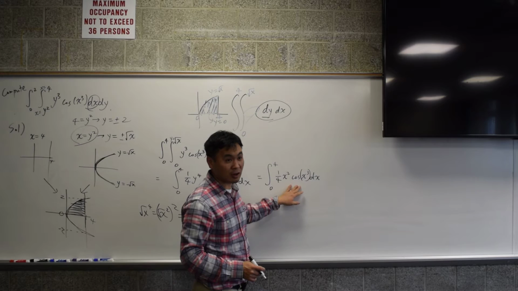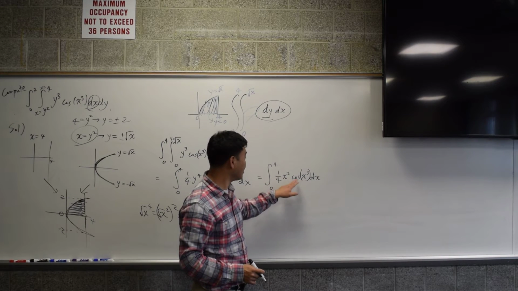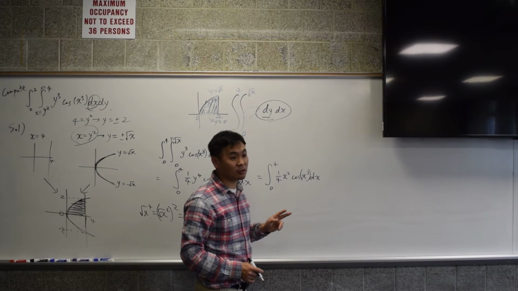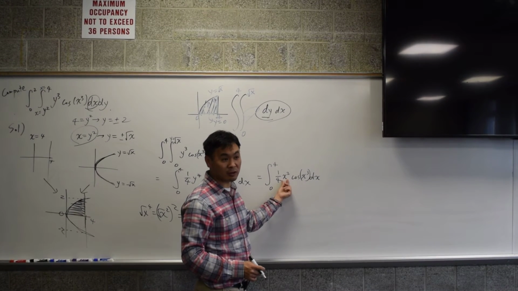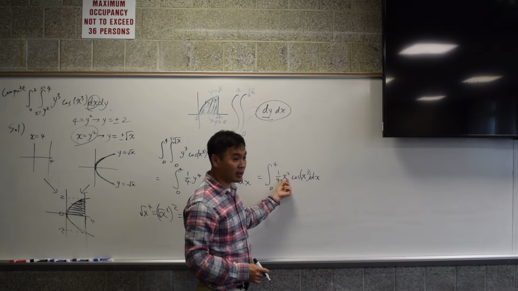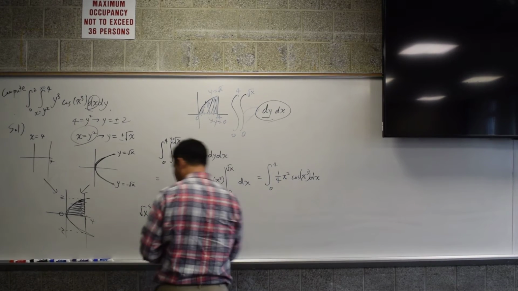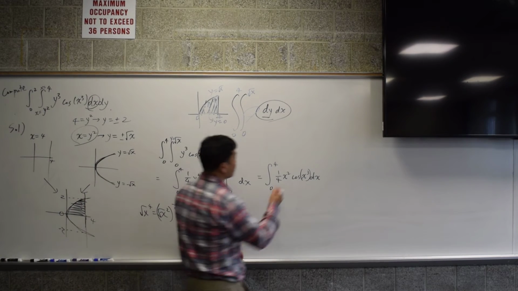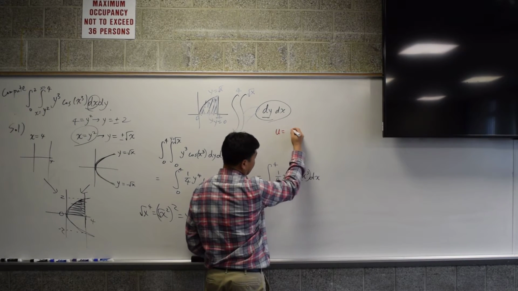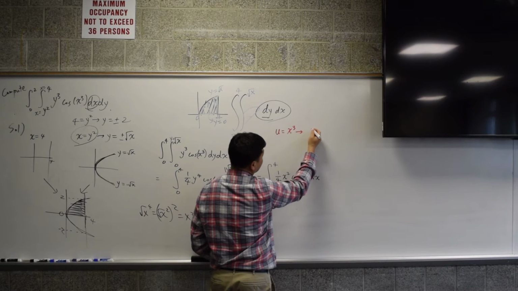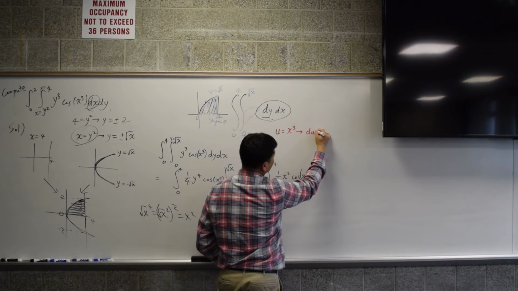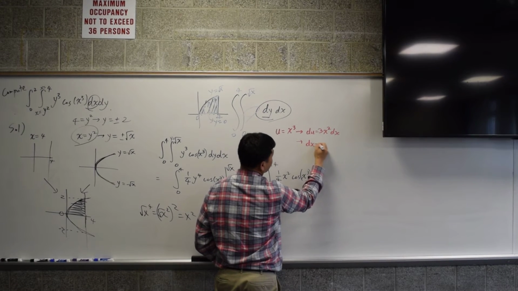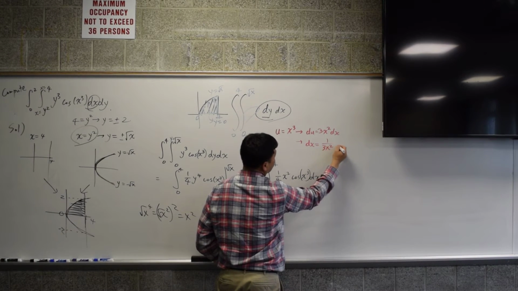You can integrate this. How? U substitution. Take u as x cubed, right? Because if you differentiate x cubed, you get 3x squared, and x squared is right there. So that's going to be canceled after u substitution. So let's do that. I take u as x cubed, so that du is 3x squared dx, so that dx is 1/(3x squared) du.